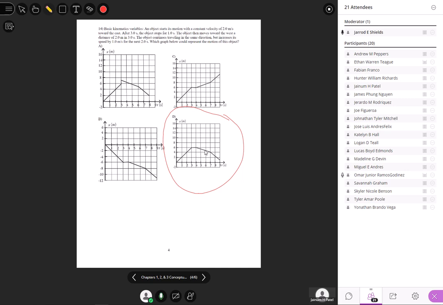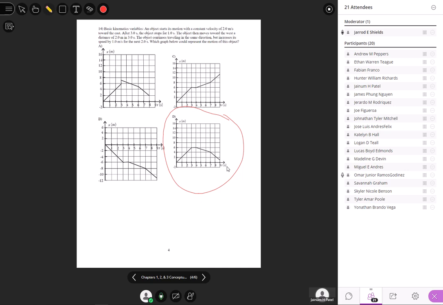In other words, the slope of that line is going to be negative because final is less than initial. So you get a negative, which means you've changed direction. Okay? Continues moving and increases its speed by 1 meter per second. So there's your increase. Okay? Very good.